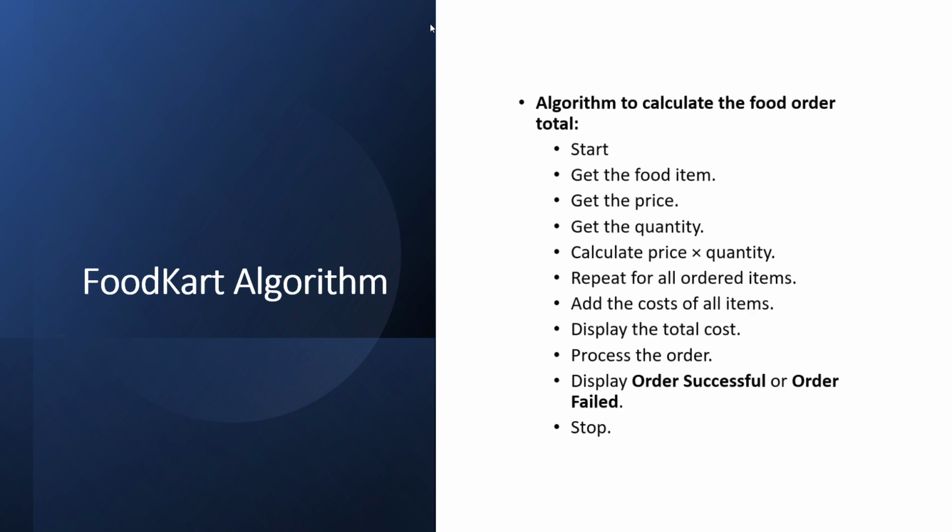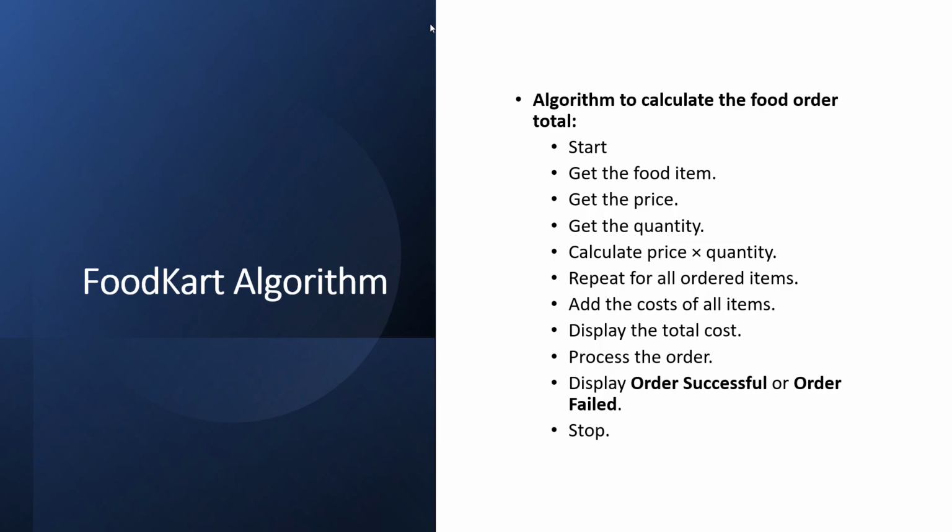Now, let's create an algorithm for our FoodKart application. Step 1, start. Step 2, get the food item, price and quantity. Step 3, calculate the price multiplied by quantity. Step 4, repeat this process for all the food items.